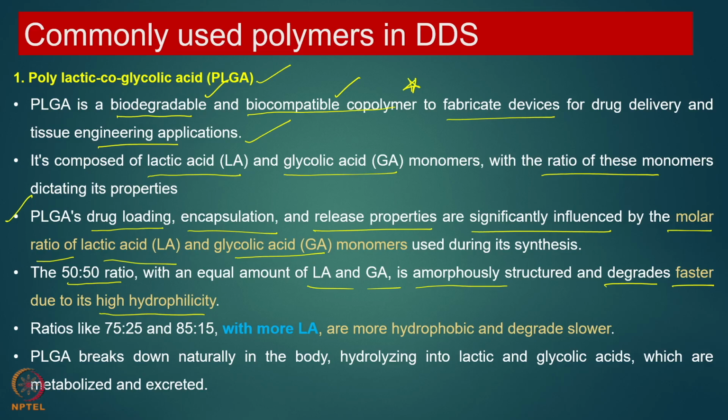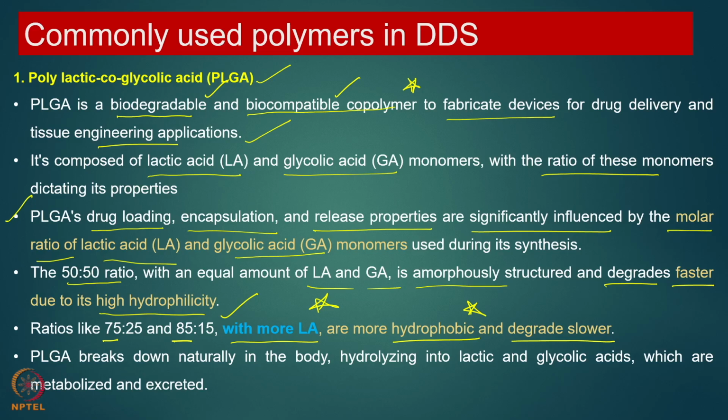Whereas, when you go for an increment in the lactic acid ratio, that is 75-25, 85-15 ratio, the polymer becomes more hydrophobic because of the high amount of lactic acid, that leads to slower release. So, these properties are very important based on your application.